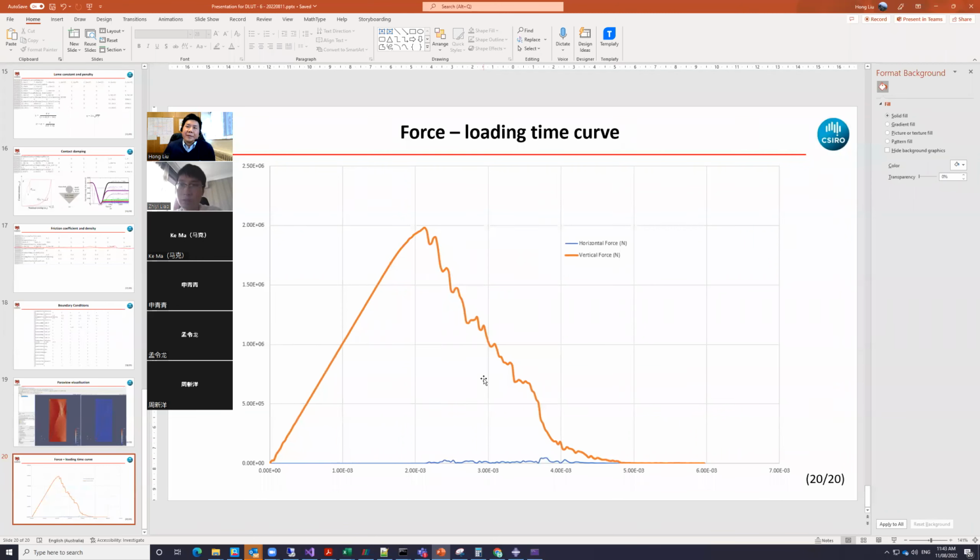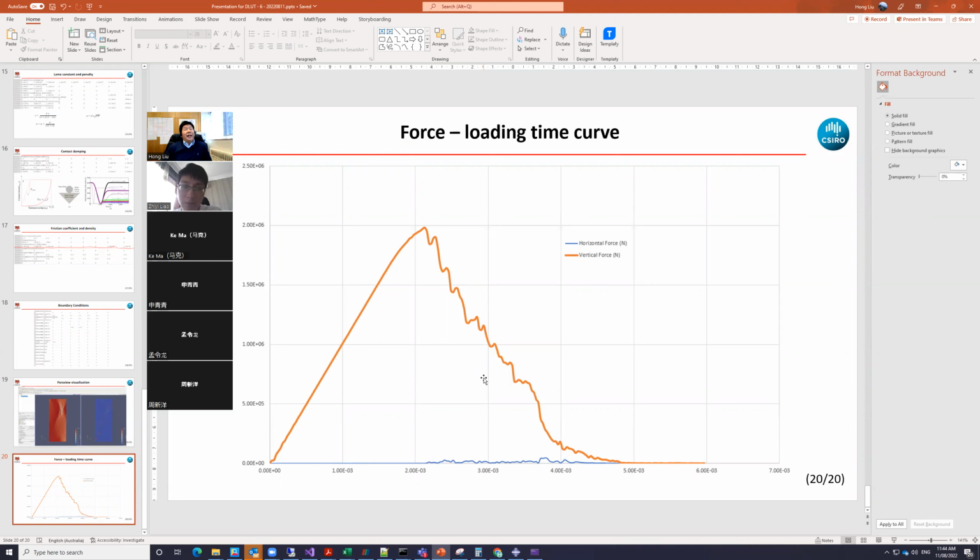From the view of dynamics, have you considered wave propagation from the loading area, because the time is considered in your modeling? Yeah. As we said, the uniaxial compressive test is actually a static problem.